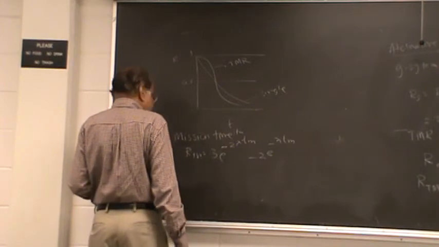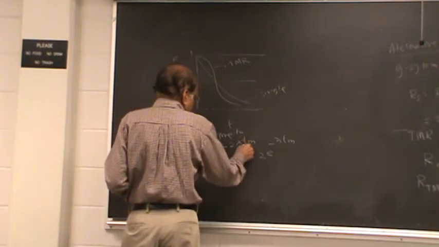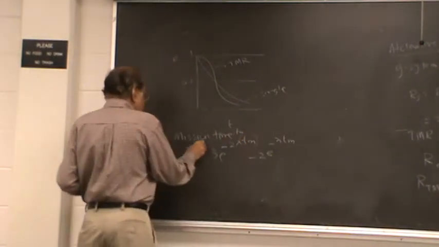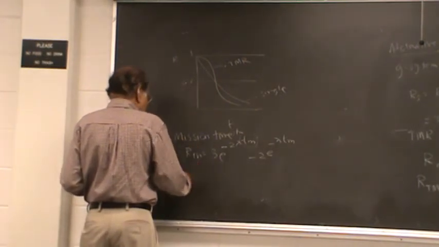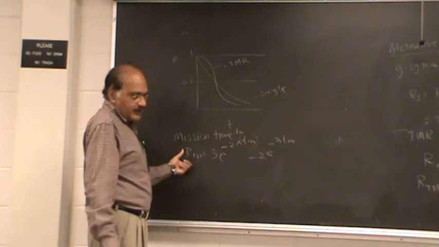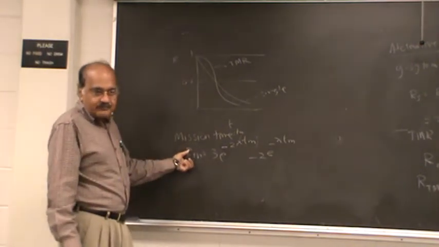So this is given, and let's assume that perhaps this is equal to 0.95. How can you solve this equation?